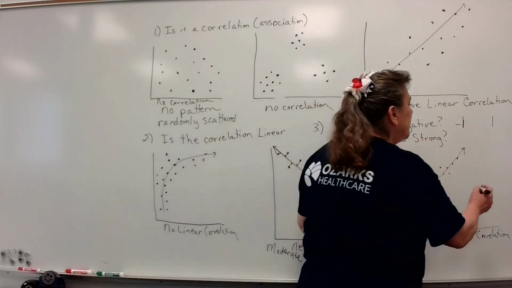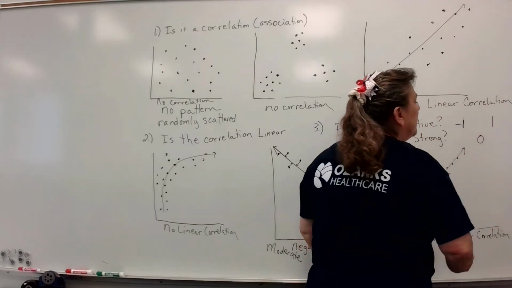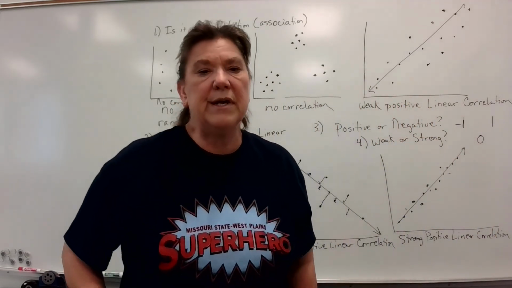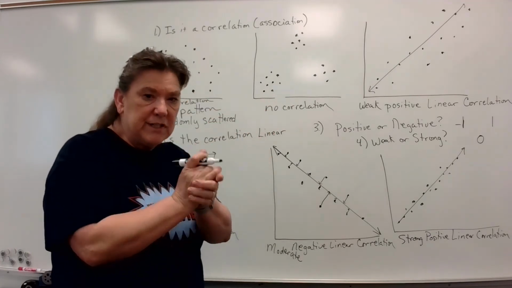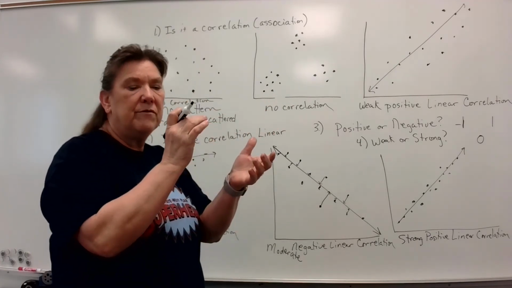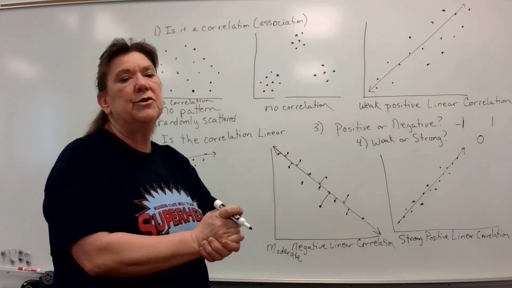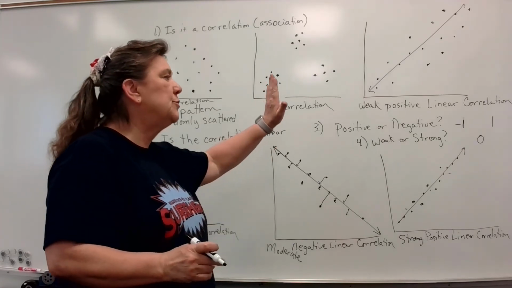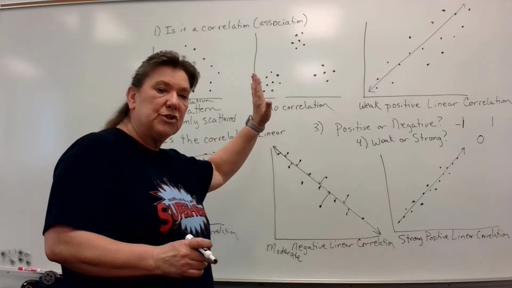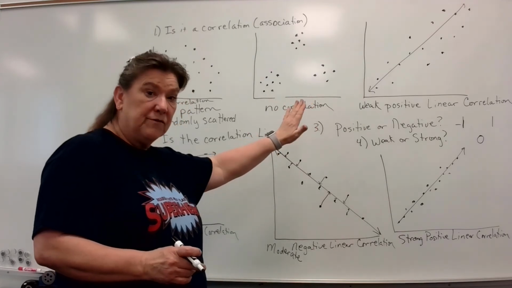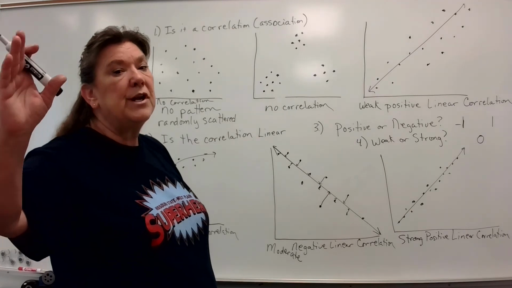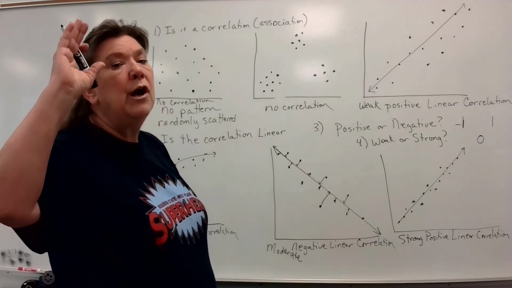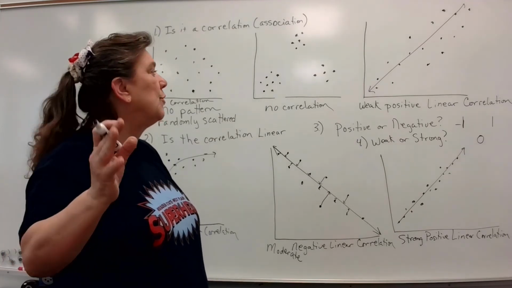But the closer it is to 0, the less correlation there is, whether it's from the positive or the negative. If it's close to 0, you have closer and closer to no correlation. Close to a -1, you're close to a strong negative linear correlation. If it's close to 1, you're going to have a strong positive linear correlation.